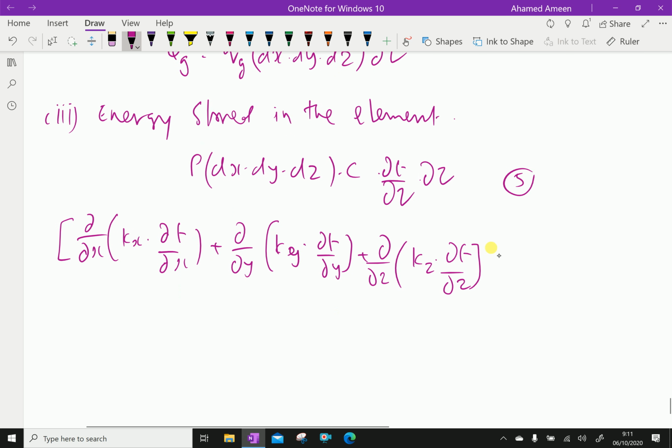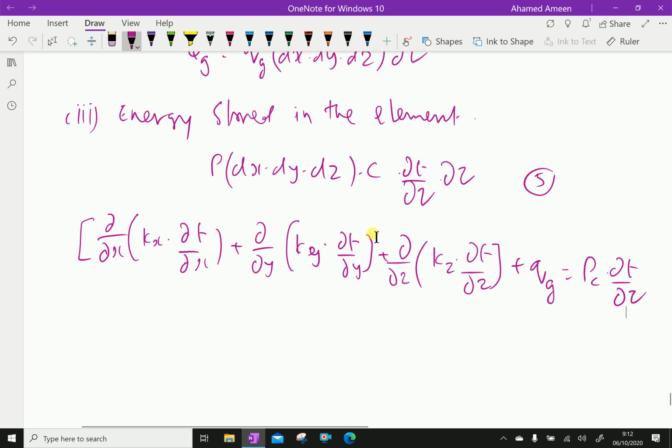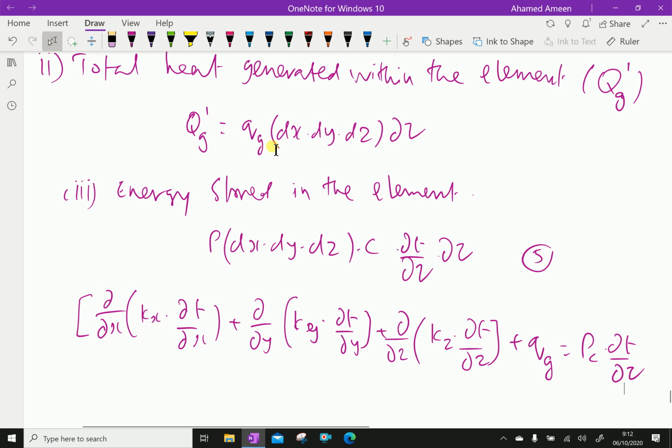and plus heat generated, that is Qg, equal to rho C ∂T/∂tau. Here, after simplifying, every term has dx dy dz, so we are cutting both sides, which gives the simplified form.